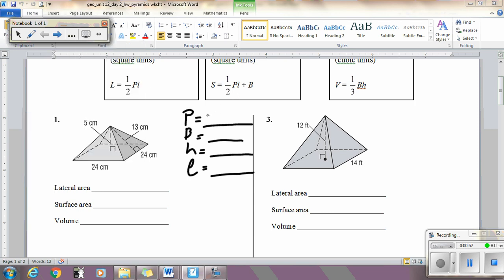And since it is a square, you would take 4 times the side, which is 24, to find the perimeter. And 4 times 24 is 96. To find the area of the base, you're going to take 24 and square it. And I believe that's 576.